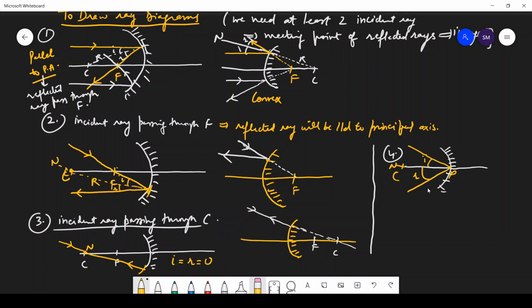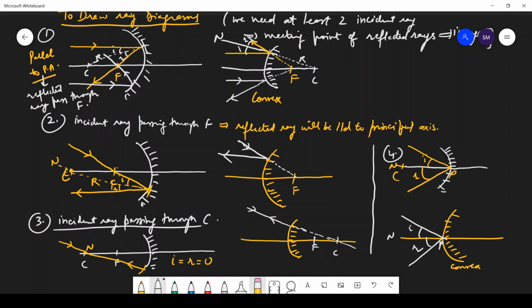And for the concave mirror, so this is convex, for this, same thing. This is a pole, going to the pole, angle of incidence, that's your normal, and angle of reflection. So students, these are the 4 ray diagrams that I have made. You need 2 rays.